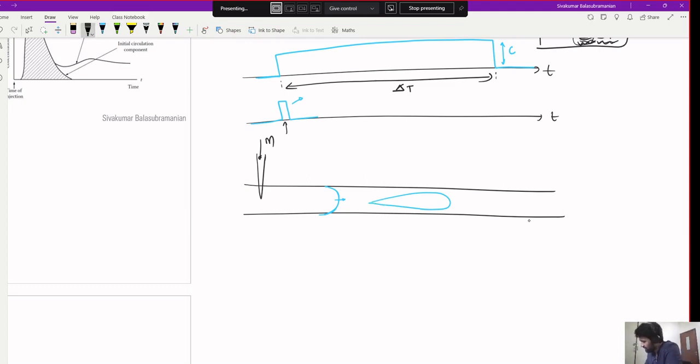And now, if you have a detector here, what will the shape of the detector's output look like? Let's say the leading front of the teardrop reaches this point at this time, t0.